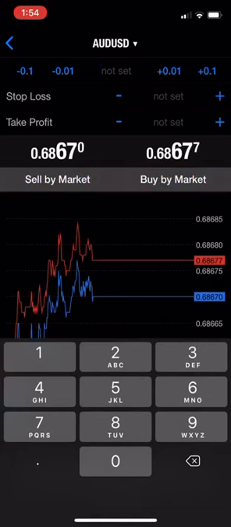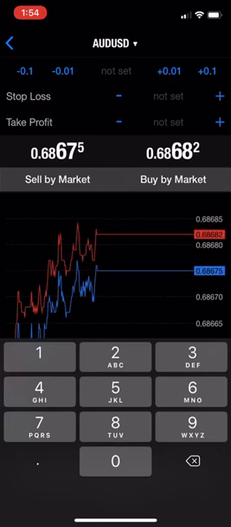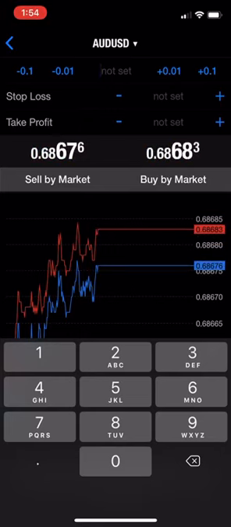This is going to be determined upon how risky you're planning to be with your trades. Proper risk management is about 1 to 3%. So if we have, say, a $1,000 account, we should be risking no more than $10 per trade. So we would probably do something like 0.01, which would be 10 cents per pip, which means we can lose up to 100 pips and still be within our proper risk.